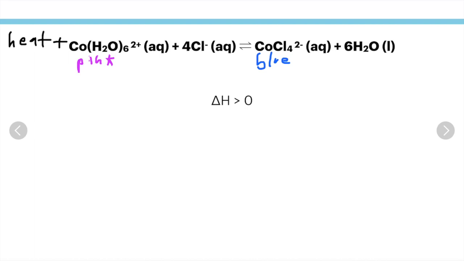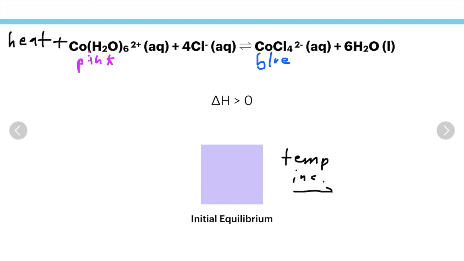Now let's think about what would happen with the two temperature changes. So initially, at equilibrium, there are approximately equal amounts of the blue and pink compounds, so it would look something like this. And if the temperature were to be increased, there will be a shift away from the heat towards the product side.